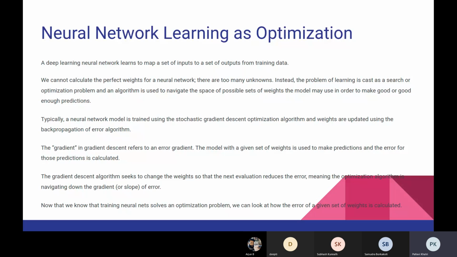As it's a black box with so many nodes, we cannot calculate perfect weights for the complete neural network, as it has too many unknowns. So instead, learning is cast as a search or optimization problem.